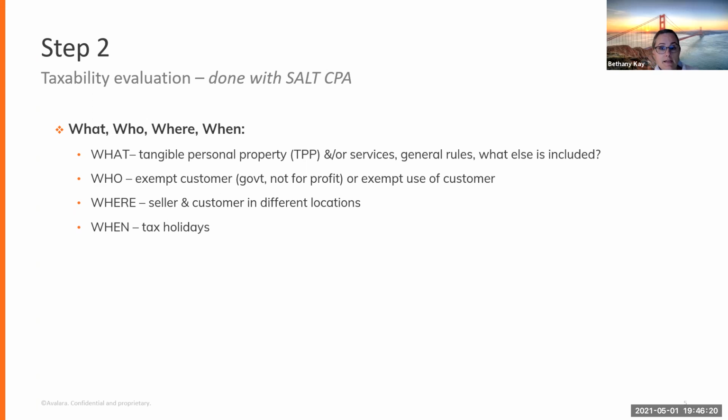Or maybe the sale is exempt because of the type of industry. There are states that exempt certain industries like manufacturing or research and development, and sometimes high tech. Or maybe the sale is exempt because of how the purchaser plans to use the product, like in manufacturing and research and development, or they're going to have it for resale.